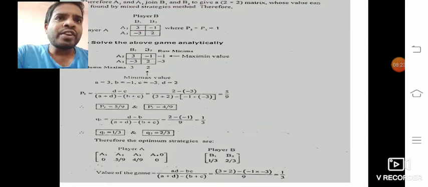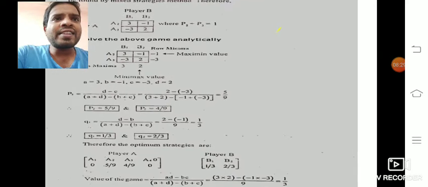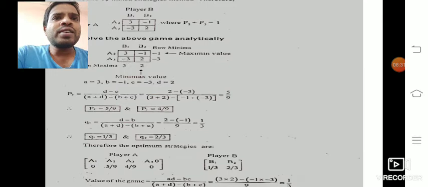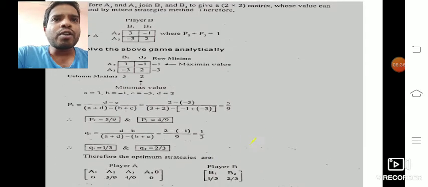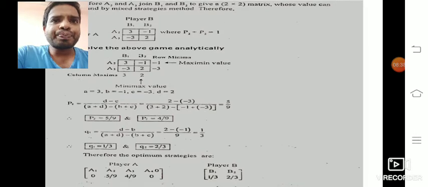Okay, after bringing the matrix into 2 into 2 form, now directly go for applying the analytical method that you have discussed, by applying the probability formula P1, P2 and Q1, Q2 formula.